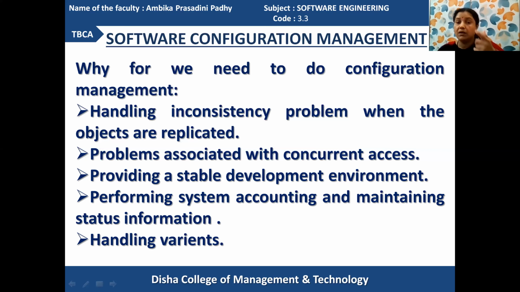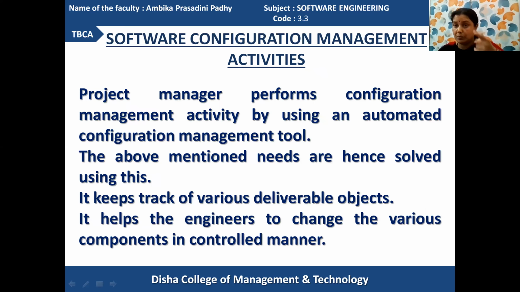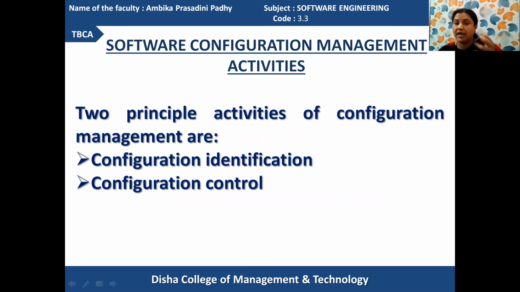To prepare the configuration management plan, we need certain activities to be executed. The activities to be executed are configuration identification and configuration control. Why we need to do the configuration, we have already discussed. Accordingly, the configuration identification can be done.